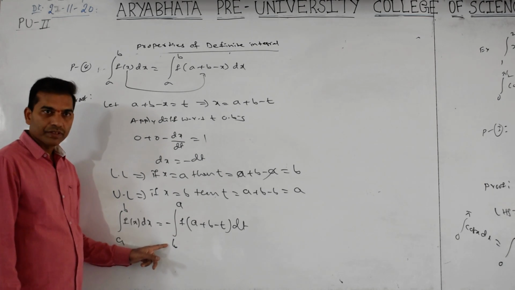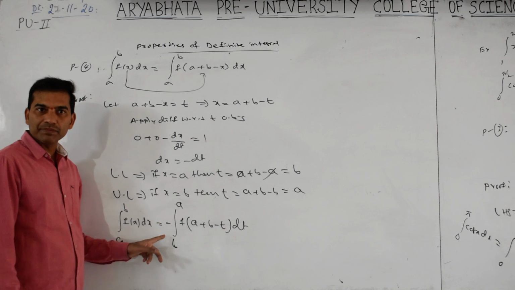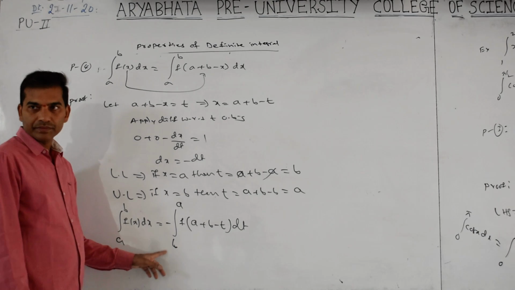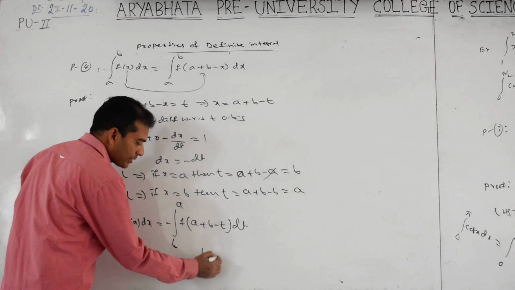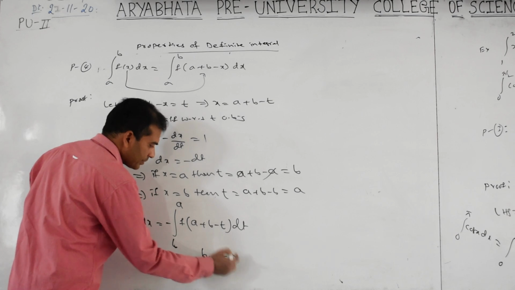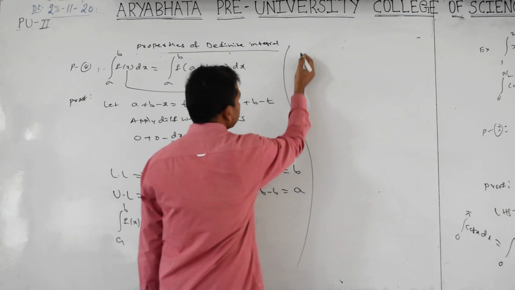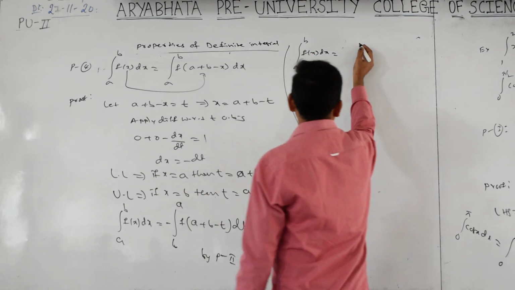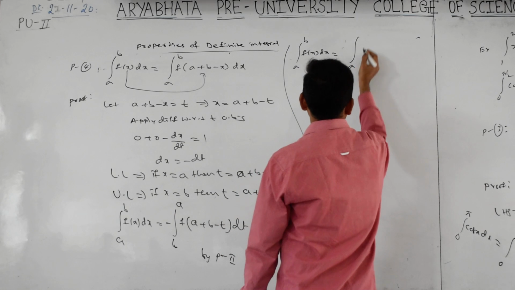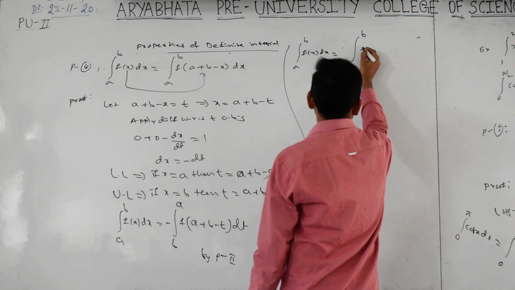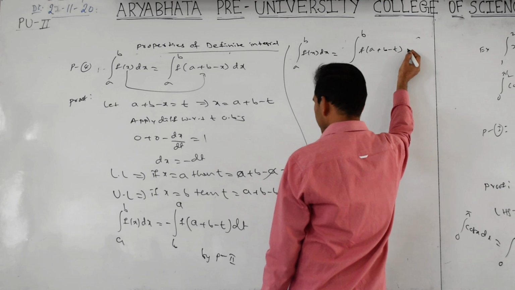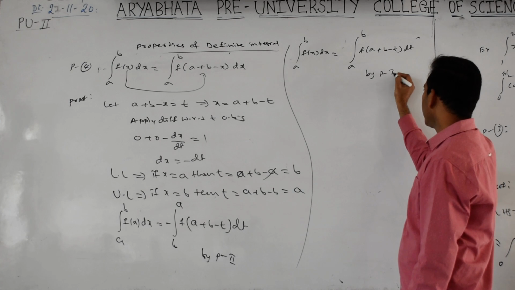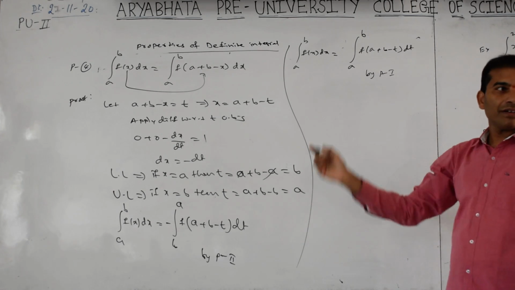When you interchange the limits, minus becomes plus. Understood? By property 2, this is integration of a to b f of x dx equals, interchanging the limits here, a to b, the minus becomes a plus, f of (a plus b minus t) dt. Now by the first property, property 1, change the variable.